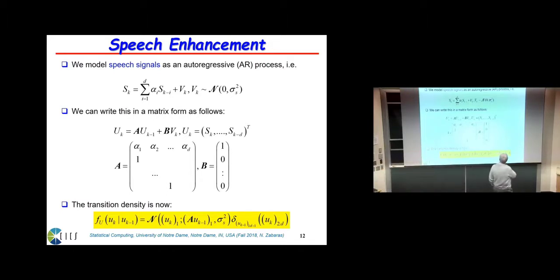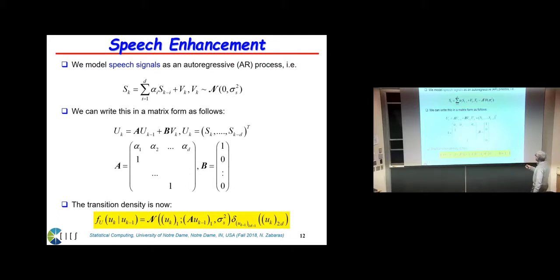And you do this with an autoregressive model. So if you have these speech signals from k minus 1 to k minus d, you can see what the next signal is going to be. This fits nicely on our Markovian model, and then you put some Gaussian noise.